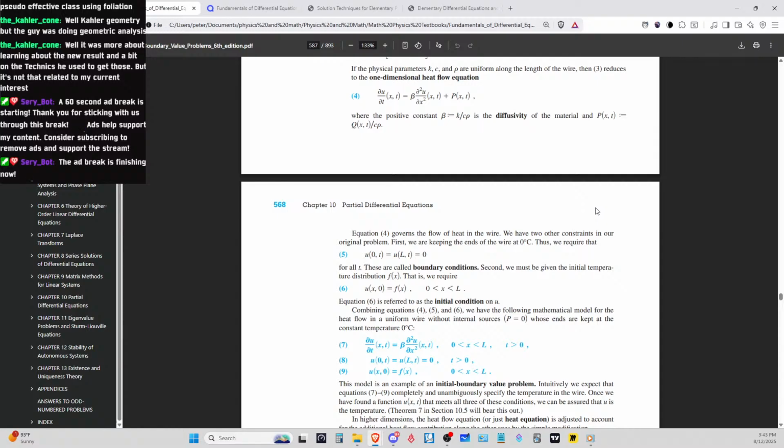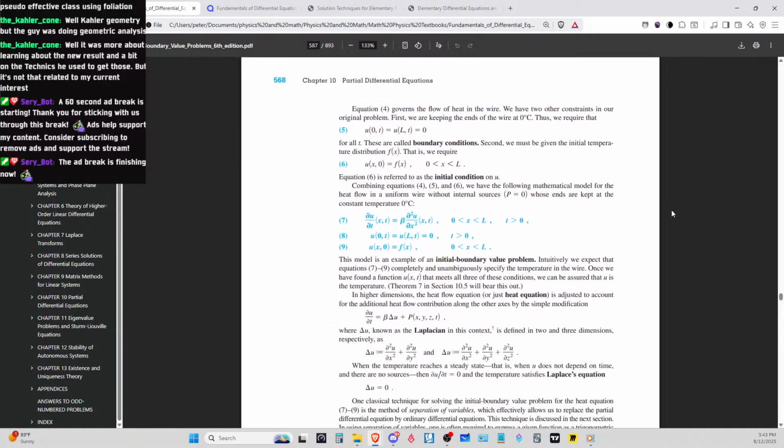T is always greater than 0. So when u(0,t) is equal to 0 and u(L,t) equals 0, this model is an example of an initial boundary value problem.